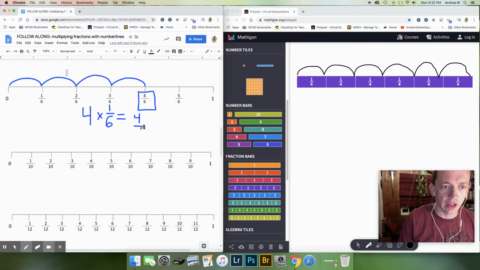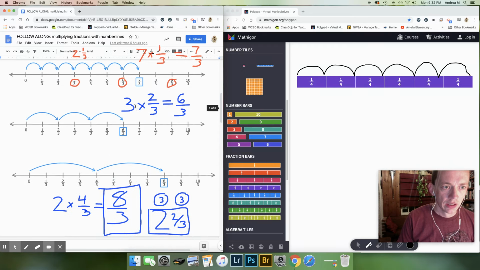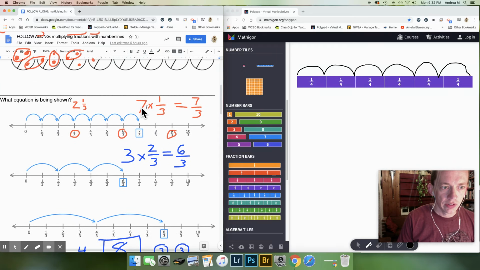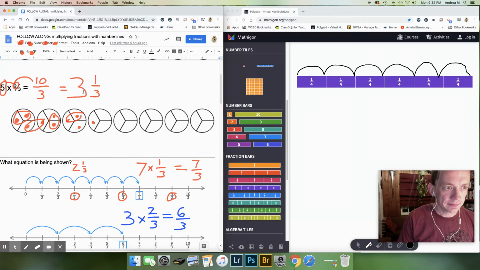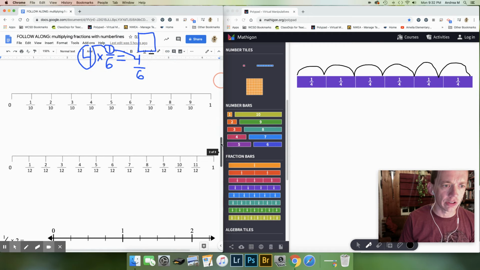Notice that pattern again. We're multiplying the whole number with the numerator right there. The denominator doesn't change. If we scroll up real quick, take a look at that pattern there. 2 times 4 is 8. 3 times 2 is 6. 7 times 1 is 7. 5 times 2 is 10. That pattern is there. So look for those patterns. They'll make your life easier.